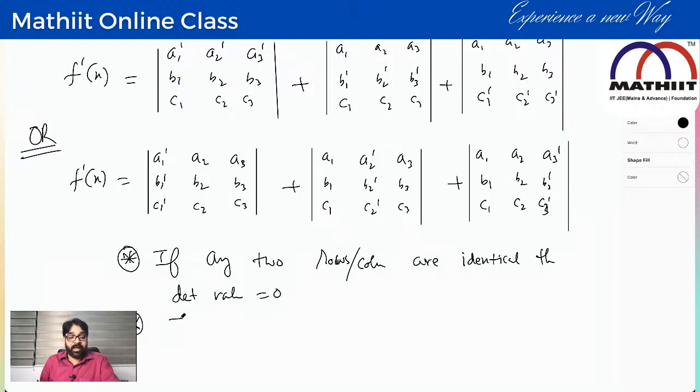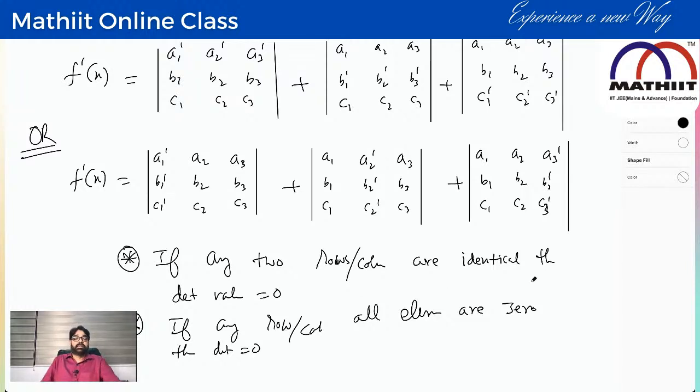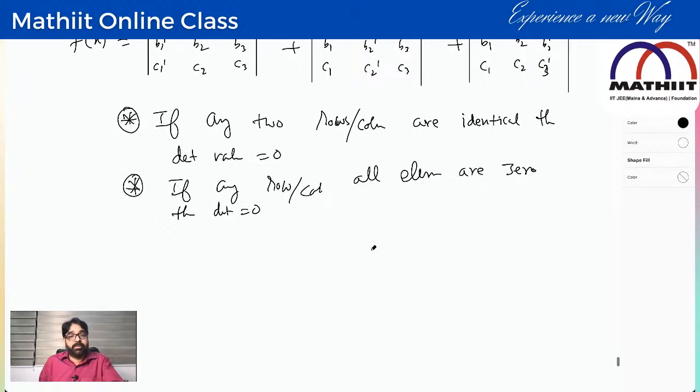As well as if in any particular row or column all elements are 0, then also the determinant will be 0. You will study more detail in the topic of determinants. I'm not going into that. Simple basic rule: if two rows are exactly the same or two columns are exactly the same, the determinant value will be 0. Or if any particular row is 0 or any particular column is 0, this determinant will be 0.